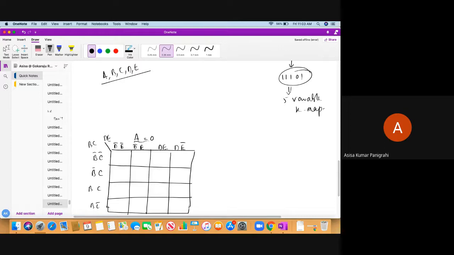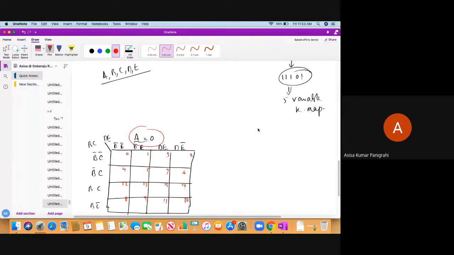So tell me now, what are the minterm positions here? 0 1 2 3 4 5 6 7 8 9 10 11 12 13 14 15. With a equal to 0, I have these many minterms.